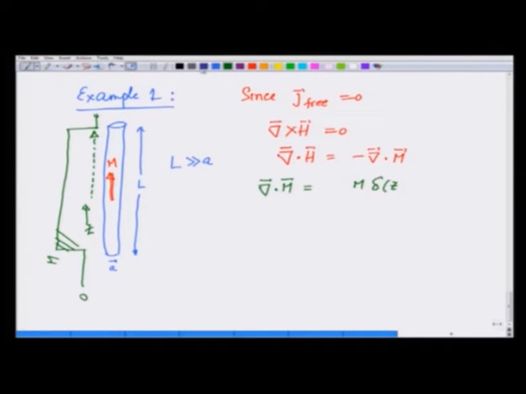Let us now fix certain values. Let us take the lower point to be Z equal to 0. Let us take the upper point to be Z equals L. Then I can write that divergence of M, M becomes smaller, it goes down.